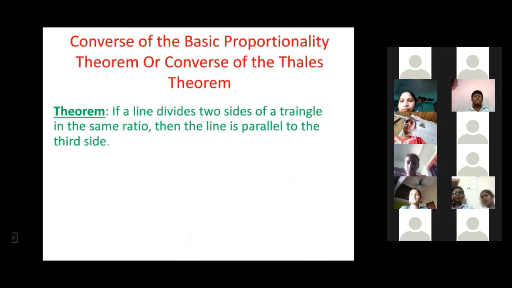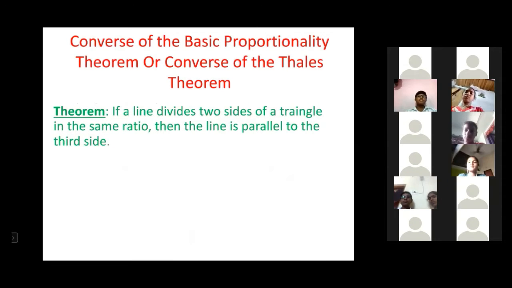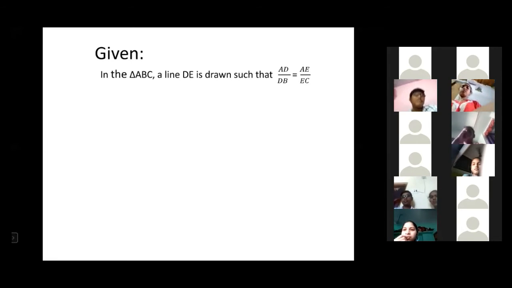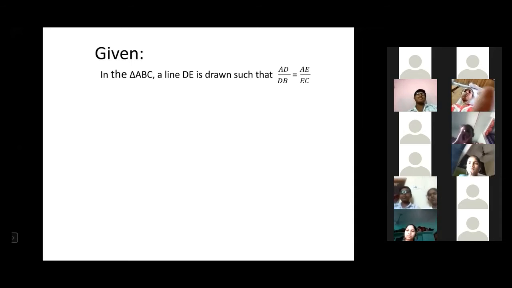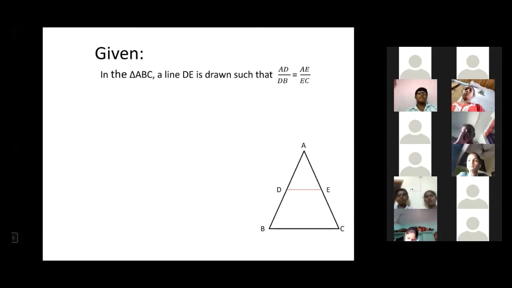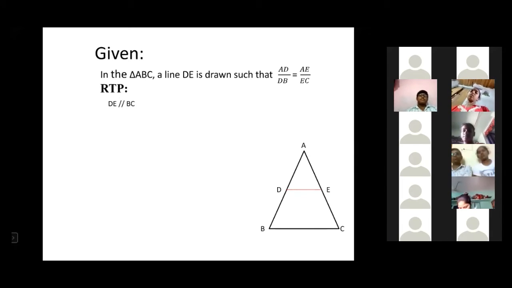This is the theorem: if a line divides two sides of a triangle in the same ratio, then the line is parallel to the third side. Given is AD by DB is equal to AE by EC. Required to prove is DE is parallel to BC.